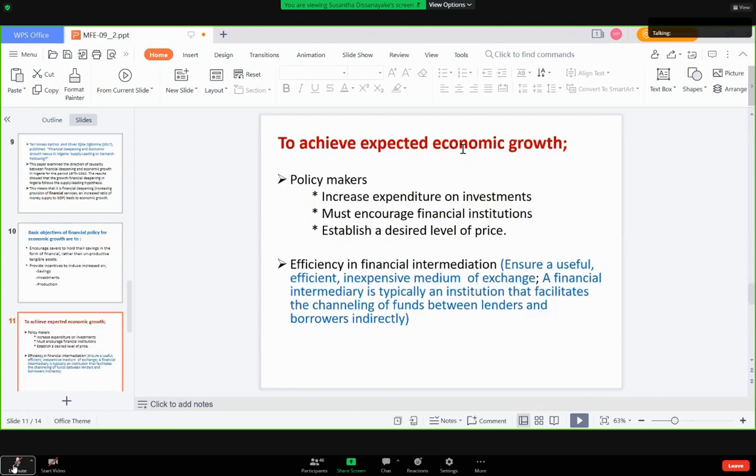To achieve expected economic growth, policymakers increase expenditure on investment. So why are they saying to achieve expected economic growth, increase expenditures on investment? If we utilize expenditures on consumption activities, what happens? That money won't regenerate.